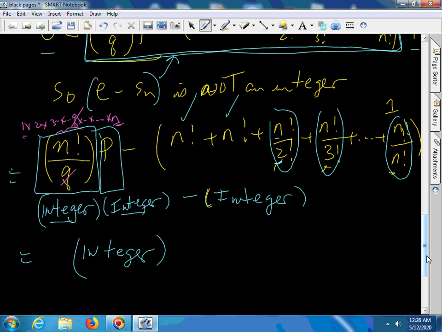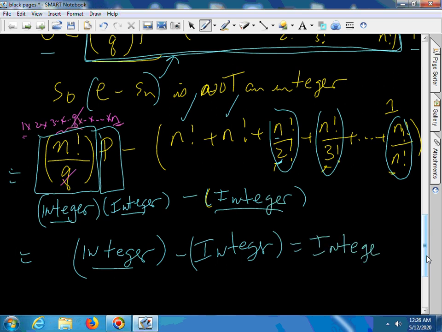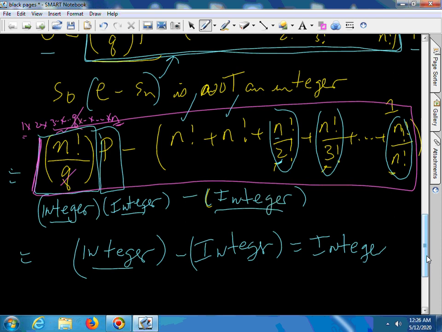It was always an integer. And if you have an integer and you take away an integer, you get another integer. So that means that all of this is an integer. But all of that is e minus Sn. And we just said a moment ago that e minus Sn is not an integer.